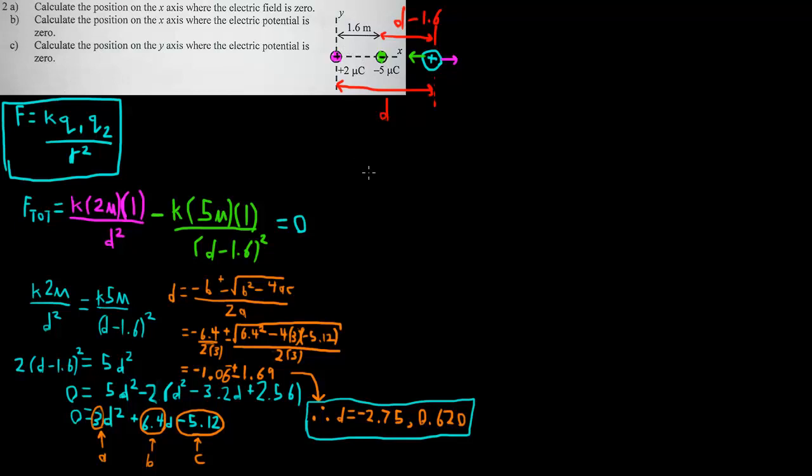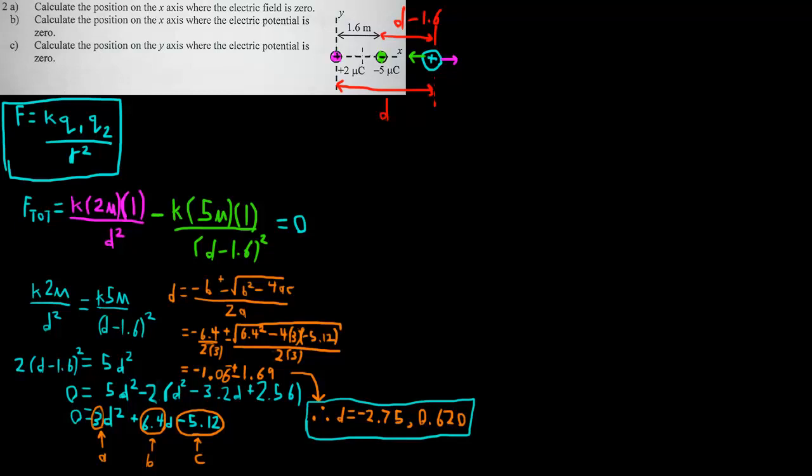Now we have to see if both of these are possible. If it was negative 2.75, it would put it over here, and that would mean it would be attracted by the negative charge and repelled by the positive charge. So that could work. However, if it was in the middle, then it would be pushed to the right by the positive charge, and it would be pulled to the right by the negative charge.